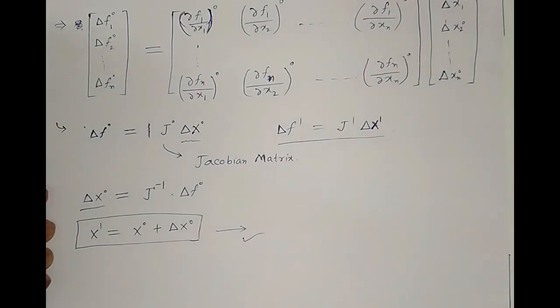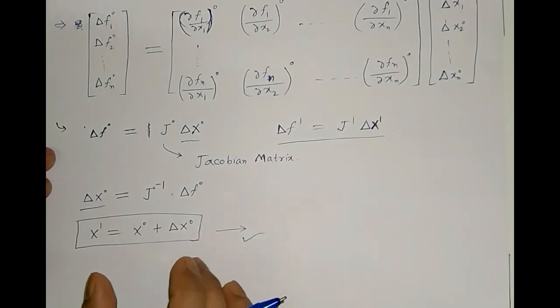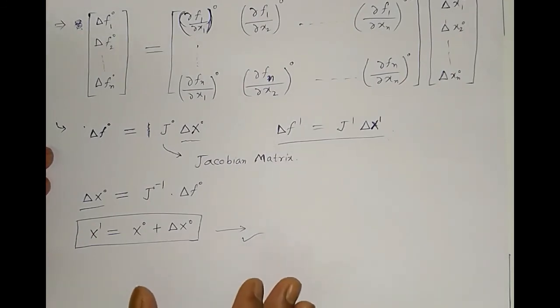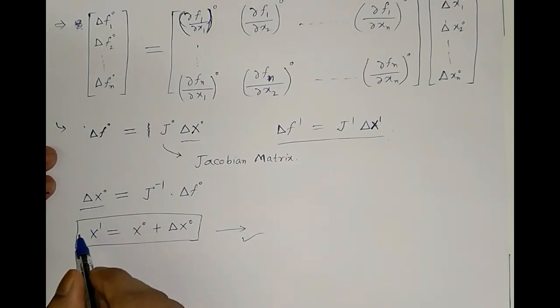These are the generalized forms of the Newton-Raphson method. So this Newton-Raphson method can be applied to load flow problems as well. In load flow problems also we will assume an initial solution, find the error due to that solution, and then correct the assumed values.